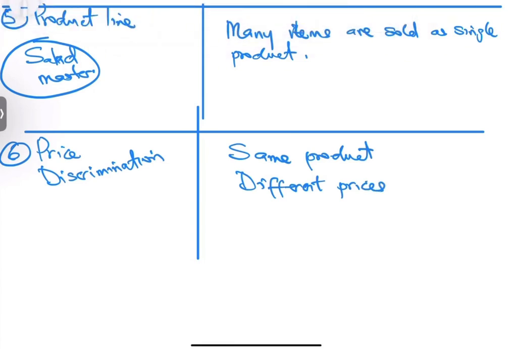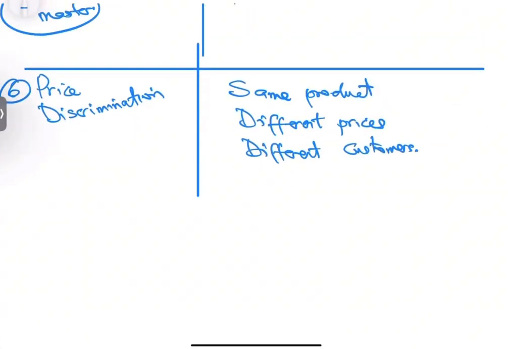Same products, different prices. Obviously, to different customers. Because you can't sell the same product at different prices to the same customer. No customer will buy something that is expensive. They will go for the cheaper one. But the same product, you're able to sell to different people.